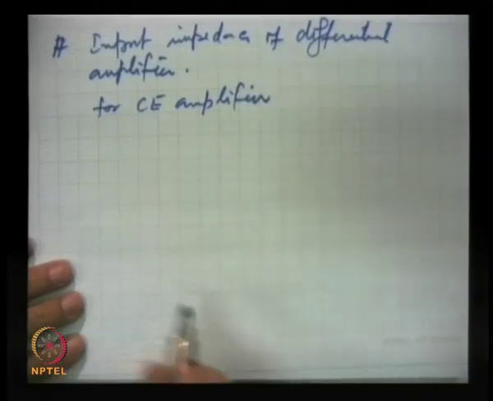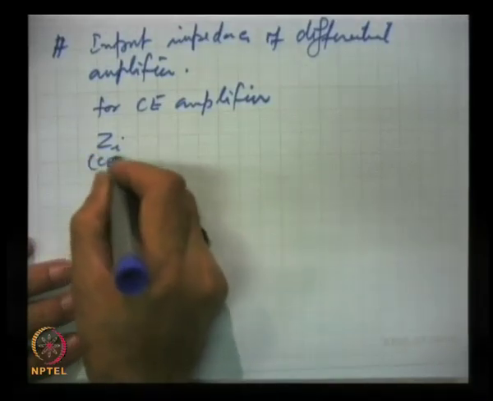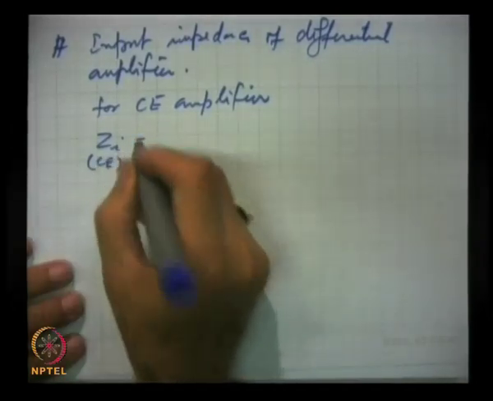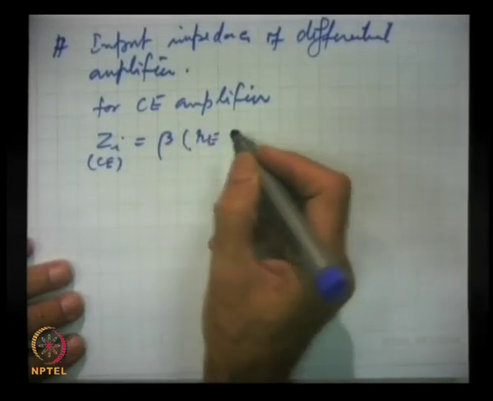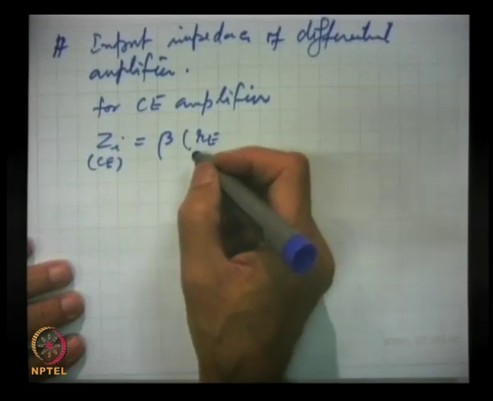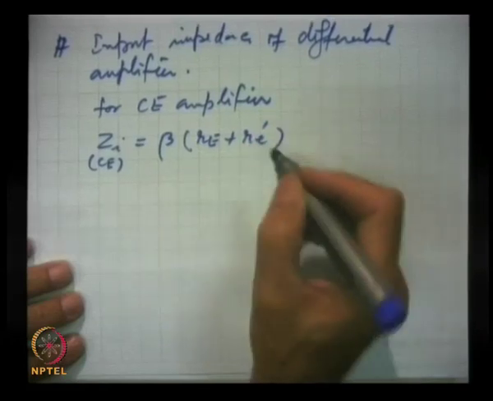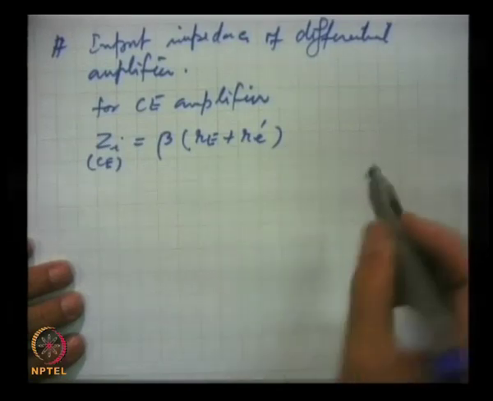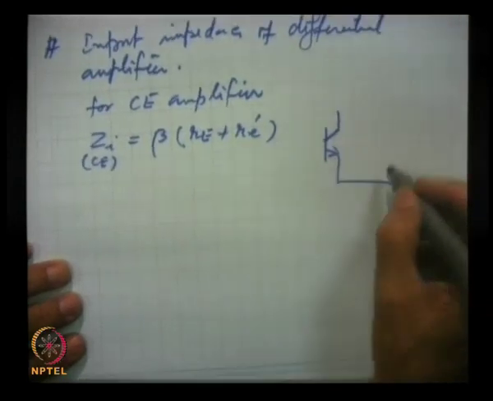For the CE amplifier, from the small signal analysis of bipolar transistors, we have said that the input impedance is beta, the current gain, into RE, the effective resistance as seen by the emitter, plus RE prime. And this RE is also RE prime, as I take this figure again here.